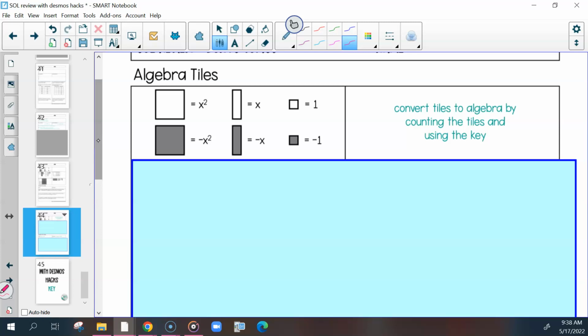Remember that positive and negative, if you have one positive x and one negative x, those are going to cancel each other out.